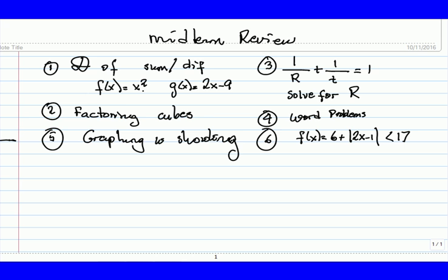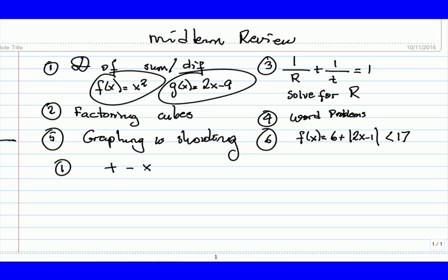So given f of x and g of x, you have to understand that when you're looking at the domain of sum, difference, and multiplication, you are going to look at the overlap of their domains. So what is the domain of f of x? That is all real numbers, right? Because it's a polynomial.